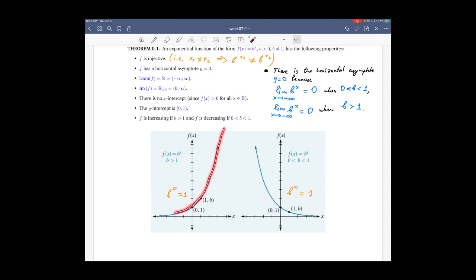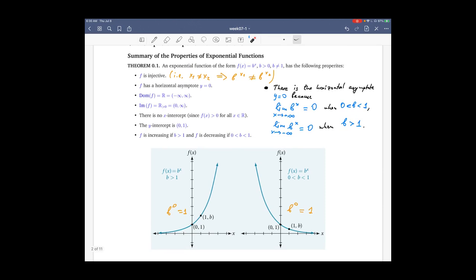When b is greater than 1, the limit at negative infinity is 0, and therefore the horizontal line y equals 0, which is the x-axis, is the horizontal asymptote. All right, these are the basic facts about the exponential function b to the power x, and now we look at various graph transformations of this function.